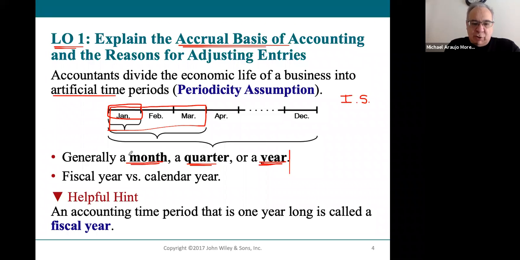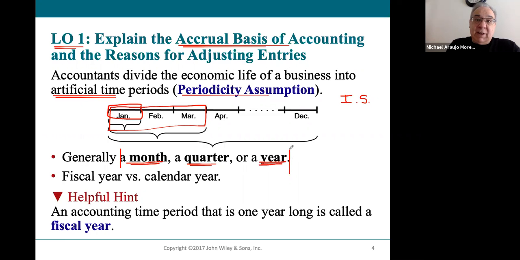We do not measure profit and loss shorter than 1 month. Okay, so this is really the periodicity assumption. When we divide the life of a business into time periods, these are the time periods we're working with. The shortest time period we measure is 1 month. The longest time period we measure is 1 year.